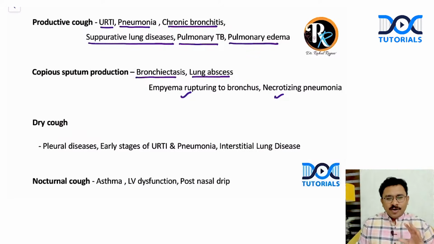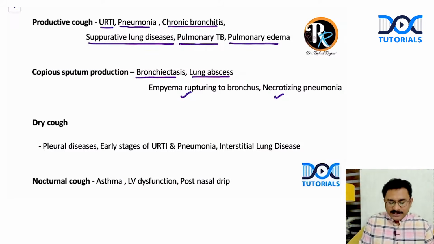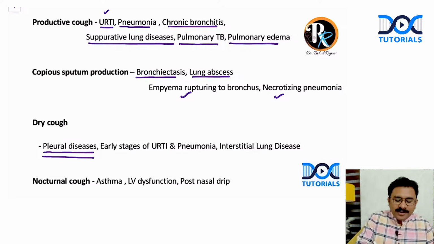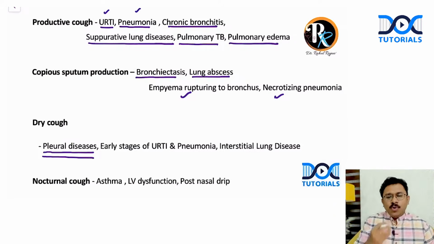Now coming to dry cough, again a favorite question, the examiner will ask you what are the causes of dry cough. You have to consider pleural diseases, some disorder involving the pleura, maybe a pleuritis, that can cause a dry cough, and even upper respiratory tract infection and pneumonia. Though I told you that it is a productive cough, maybe during the early stages of upper respiratory tract infection and pneumonia, you may have a dry cough.